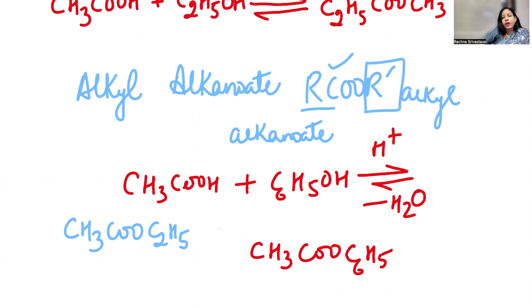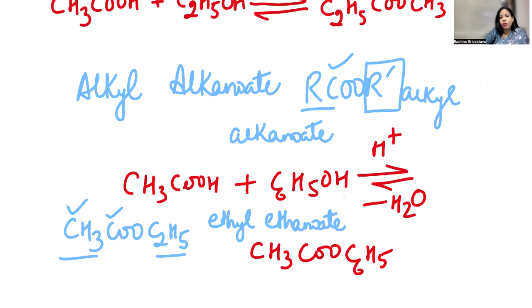But if I have to write the IUPAC name, I will write ethyl ethanoate. Why ethyl ethanoate? Because on the right hand side I have the ethyl group C2H5. On the LHS, though I have a CH3 group, I have to include the carbon atom of the formula also. So the total number of carbon atoms becomes 2. So alkanoate becomes ethanoate. So ethyl ethanoate. So these are the important name reactions of alcohol and phenol.